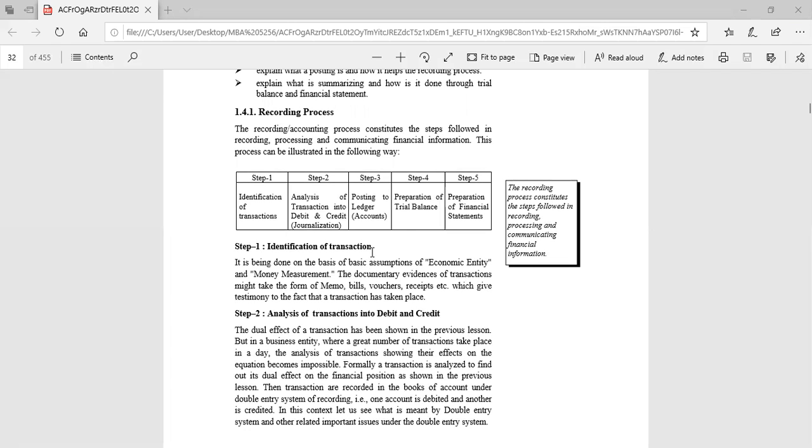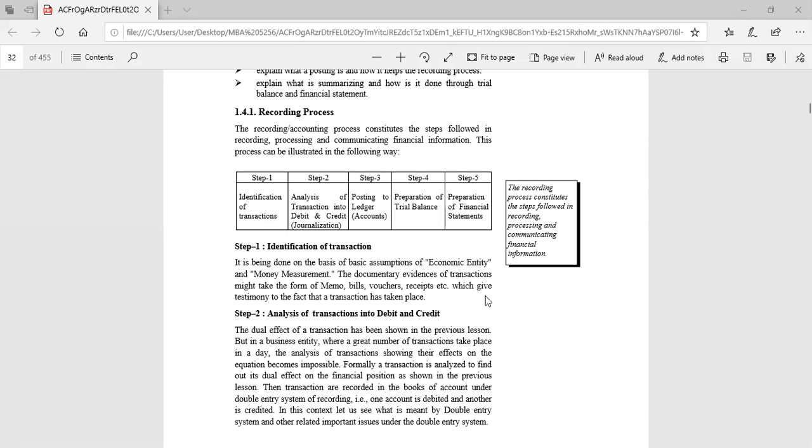First step, identification of the transactions. It is done on the basis of the economic entity concept and money measurement. The documentary evidence of the transactions might take the form of memos, bills, vouchers, receipts, etc., which give testimony to the fact that the transaction has taken place.